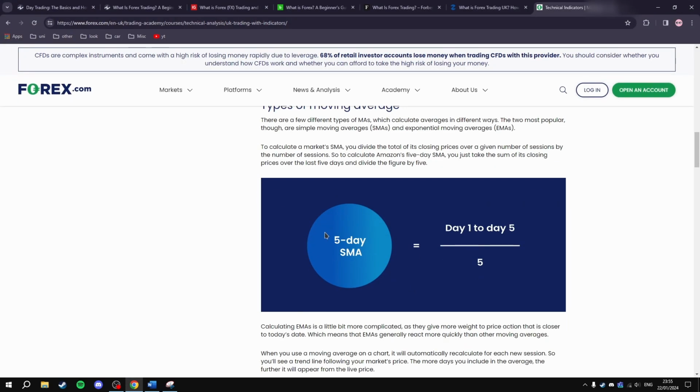To calculate a market's moving average, you divide the total of its closing price over a given number of sessions by the number of sessions. So to calculate Amazon's 5-day simple moving average, you take the sum of its closing price over the last 5 days and divide the figure by 5.